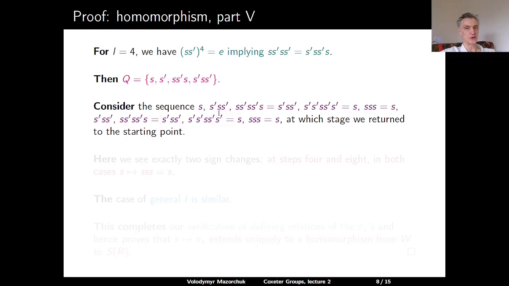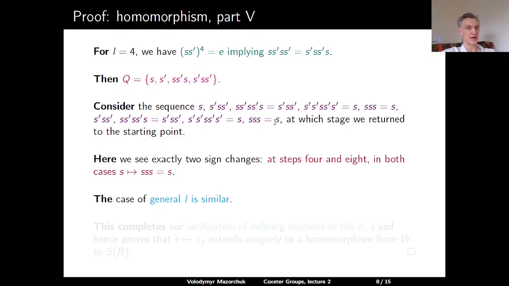And now we see that if we conjugate s prime by s, because of our relations we get s prime back. We conjugate by s prime again, we get s, and now conjugation by s gives us s, and we are at the beginning of our sequence, and then repeating the whole thing once more, we get the same. And here we again see that we have 2 sign changes. s s s is equal to s here, and s s s is equal to s here. So again, we have 2 sign changes, and the same thing happens for any L.